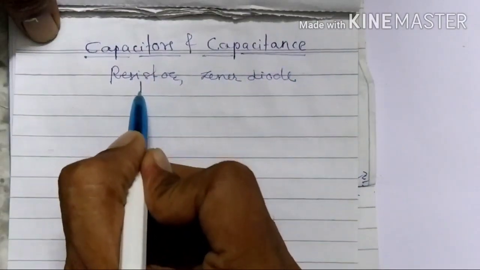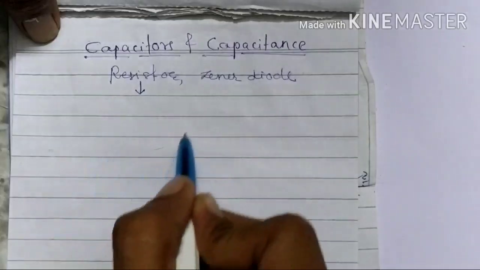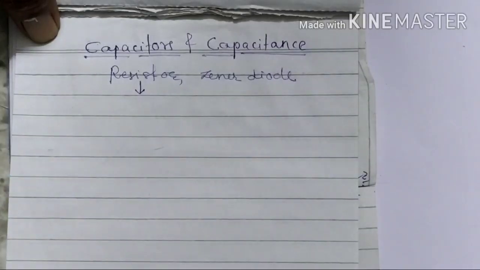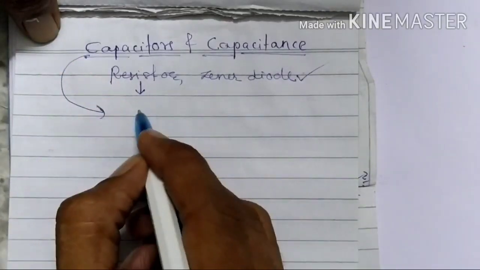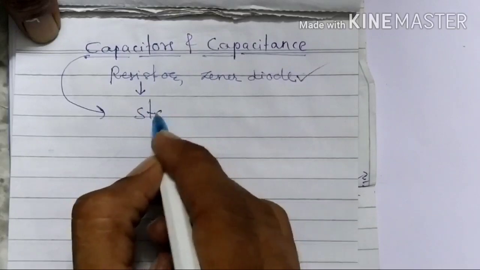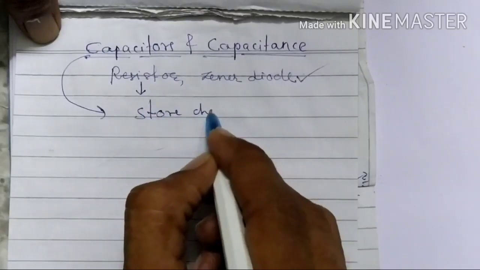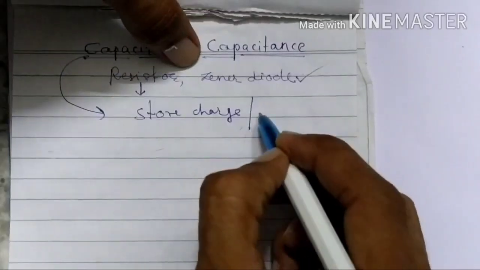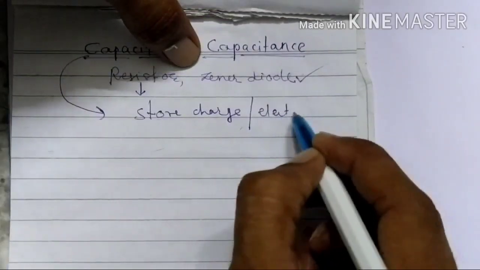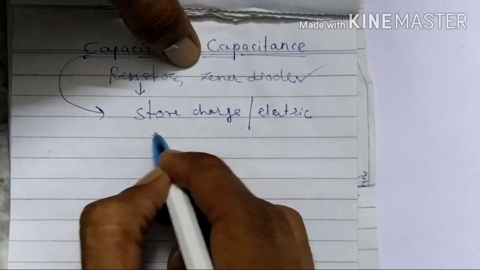A resistor is used to control the current in an electric circuit. A Zener diode is used as a voltage regulator. A capacitor is a device used to store charge, or to store electric energy.